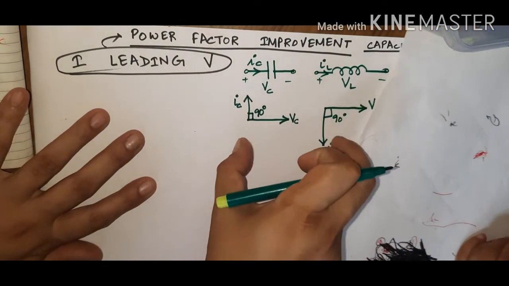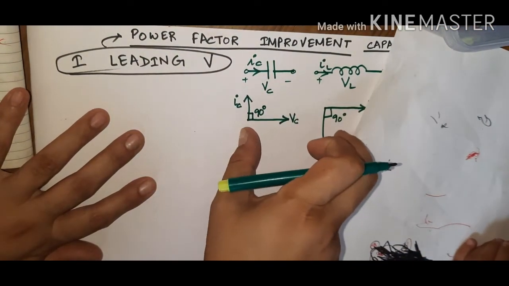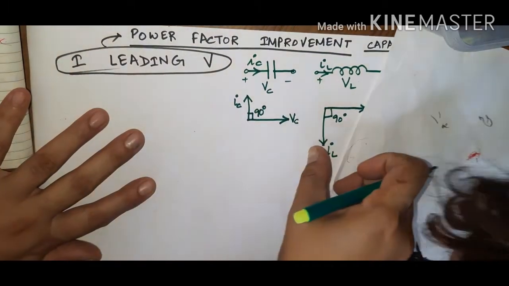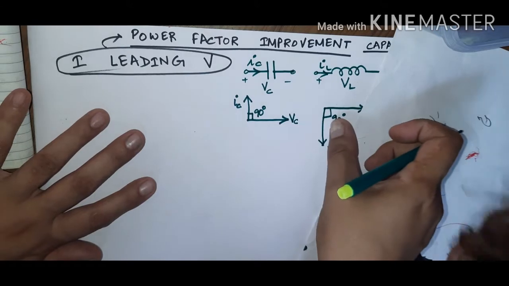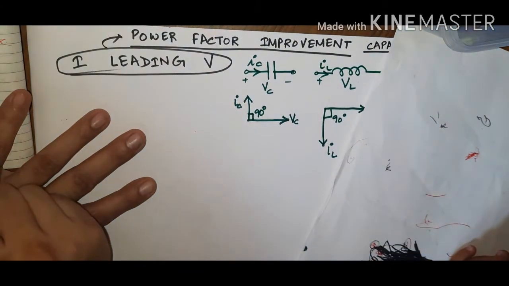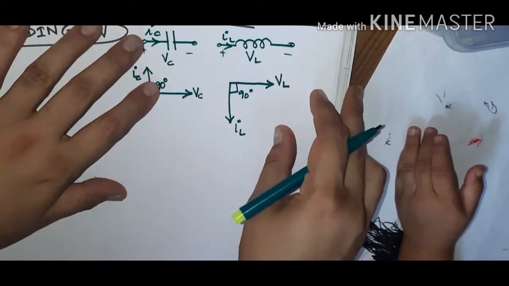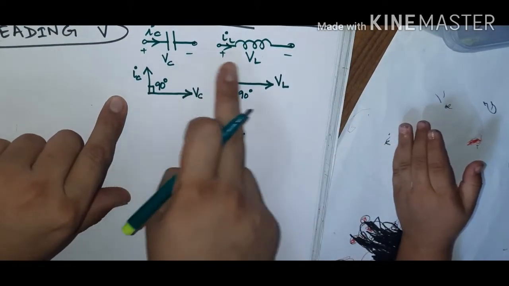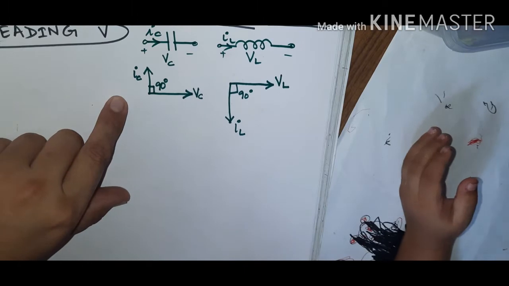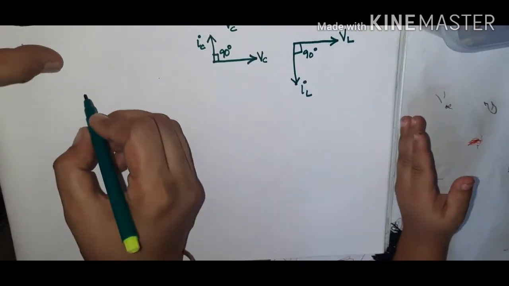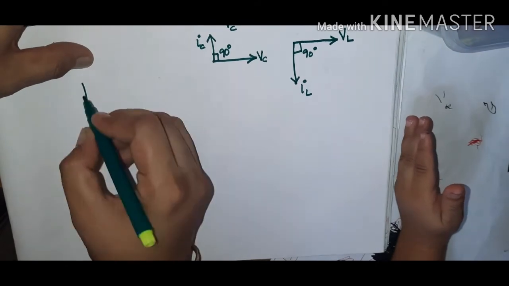This is what we are going to take advantage of while cancelling the effect of the lagging current behind the voltage. You can draw this using a phasor diagram, but let us also analyze the waveforms for the inductor as well as the capacitor.